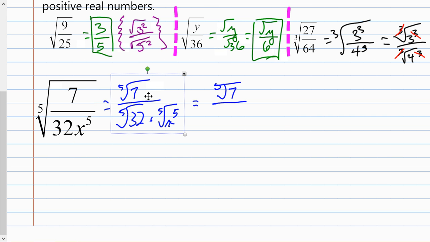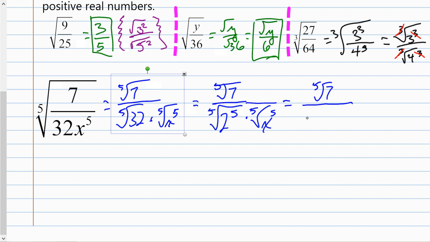But this 32, just did this on a couple slides ago, the 32 is 2 to the 5th power. So I'm going to rewrite it that way. And then in the denominator I also have the 5th root of x to the 5th. I'm just going to keep writing that down. So you may find it helpful to write this with rational exponents. I'm going to leave the 7 in here because it doesn't simplify.